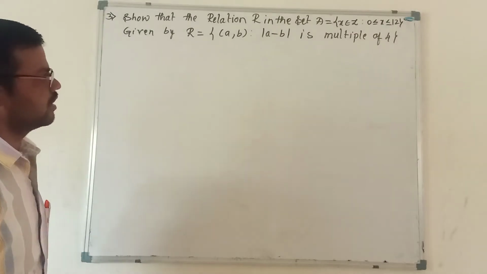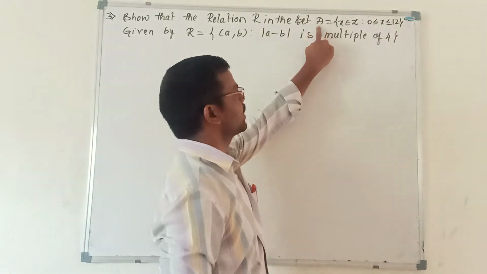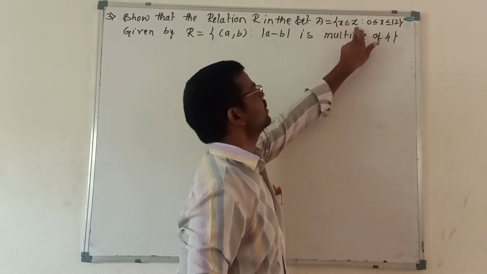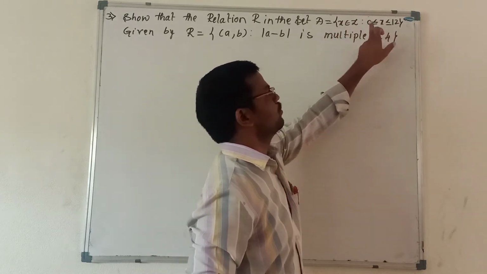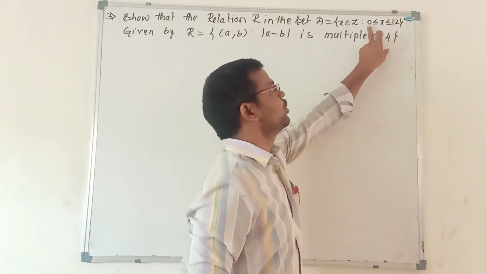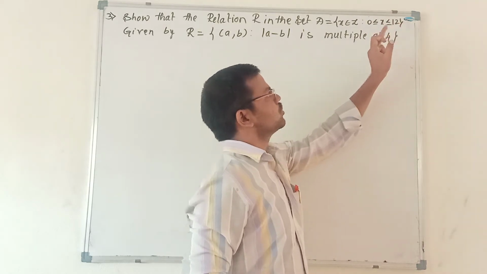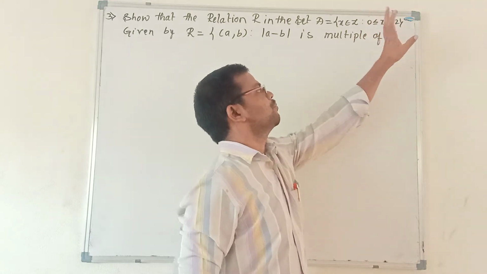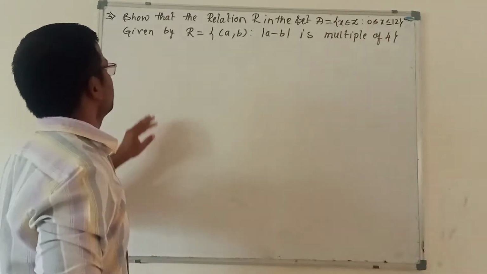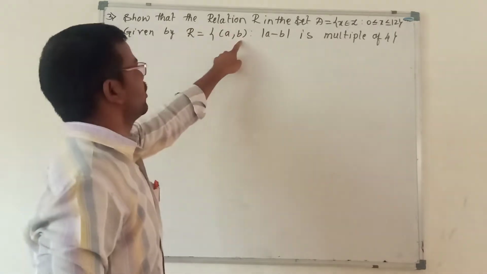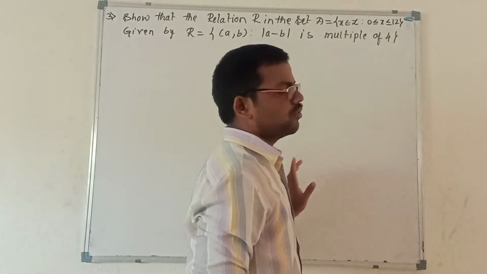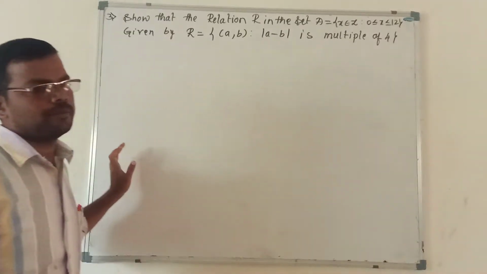So next question. Show that the relation R in the set A, where A is given in set-builder form, the collection of x, an integer between 0 and 12, including 0 up to 12. So 0, 1, 2, 3, we have only non-negative integers up to 12. And R is given by (a, b) such that mod of a minus b is a multiple of 4.